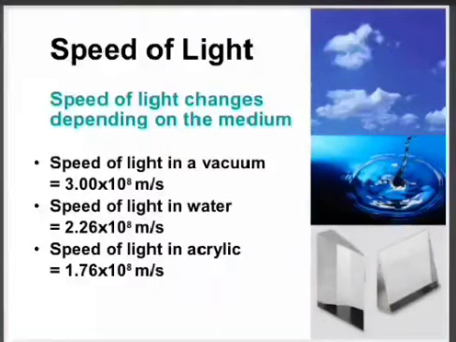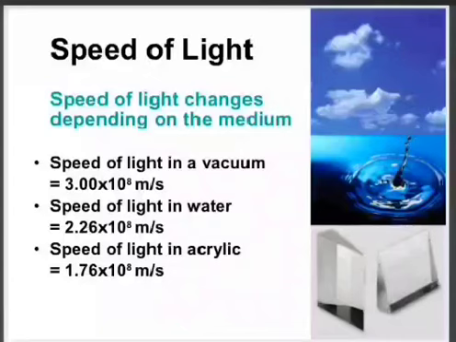You can see the speed of light in water, it is 2.6. In acrylic, it is even less. So the speed is getting reduced. As I said, in diamond, it is 1.23. It is even less than acrylic or glass or water. Because as bending increases, the speed will be less.